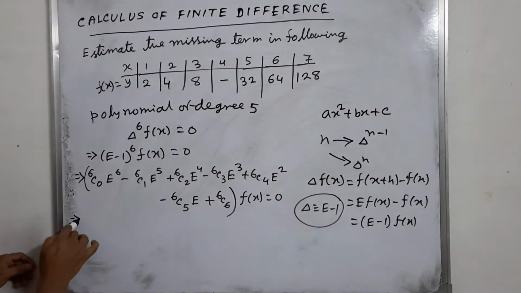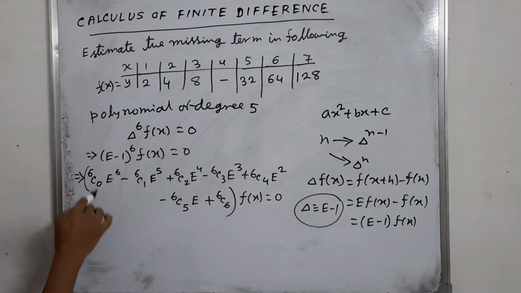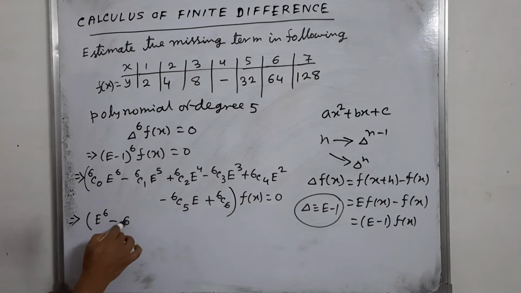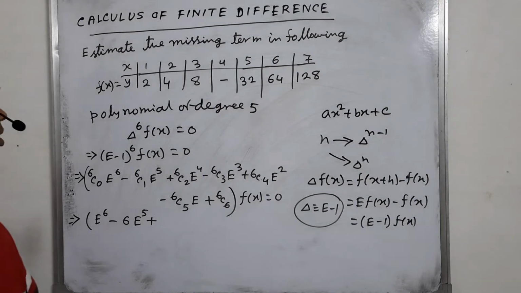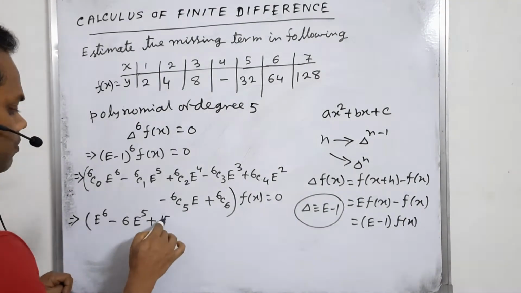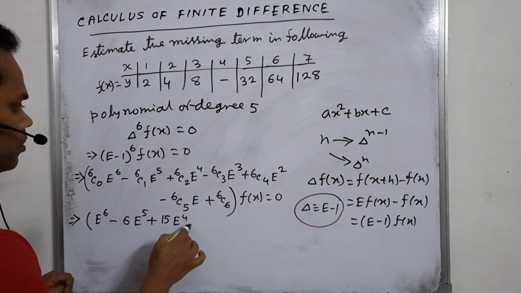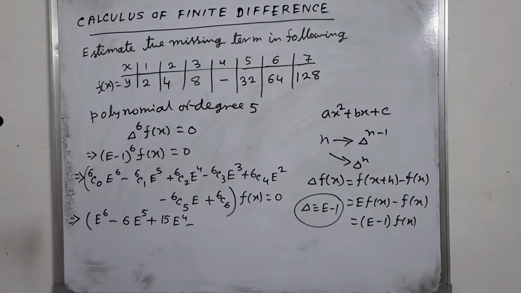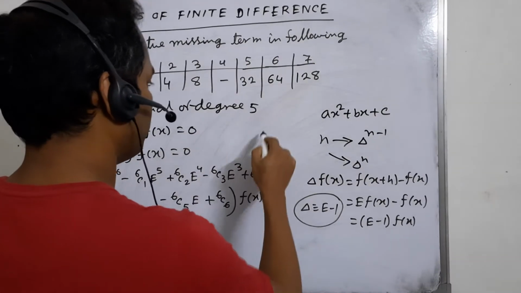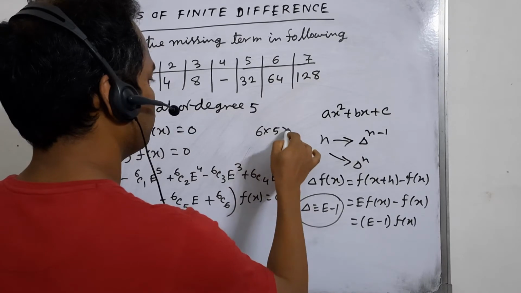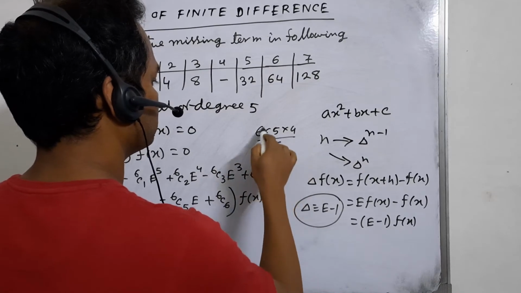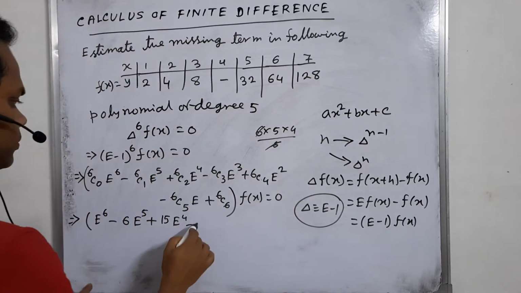So 6C0 is 1, E to the power 6, 6C1 is 6, E to the power 5, 6C2 is 6 into 5 by 2, that is 15, E to the power 4, 6C3 is 6 into 5 into 4 by 6, so 20.